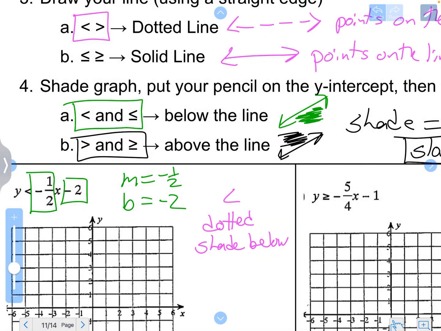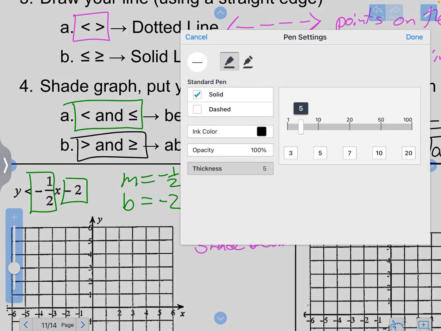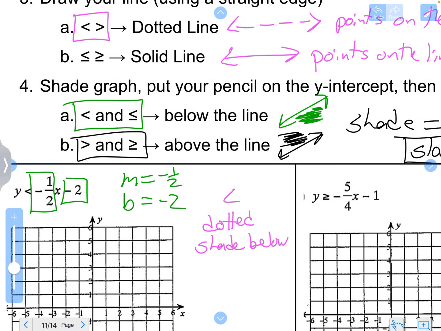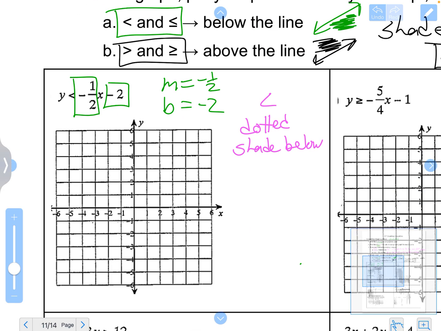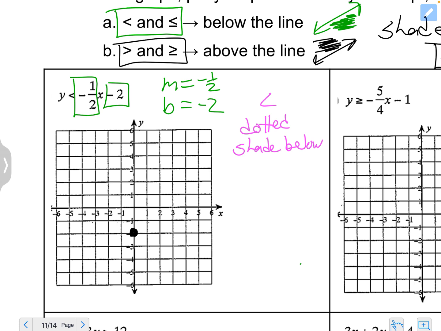So let me get my graphing line where I want it to be so it's easier to see. Okay, so if our b is -2, my first point is going to be at -2 on the y-axis. If my slope is -1, that means I go down 1 and right 2. So down 1, right 2, down 1, right 2.